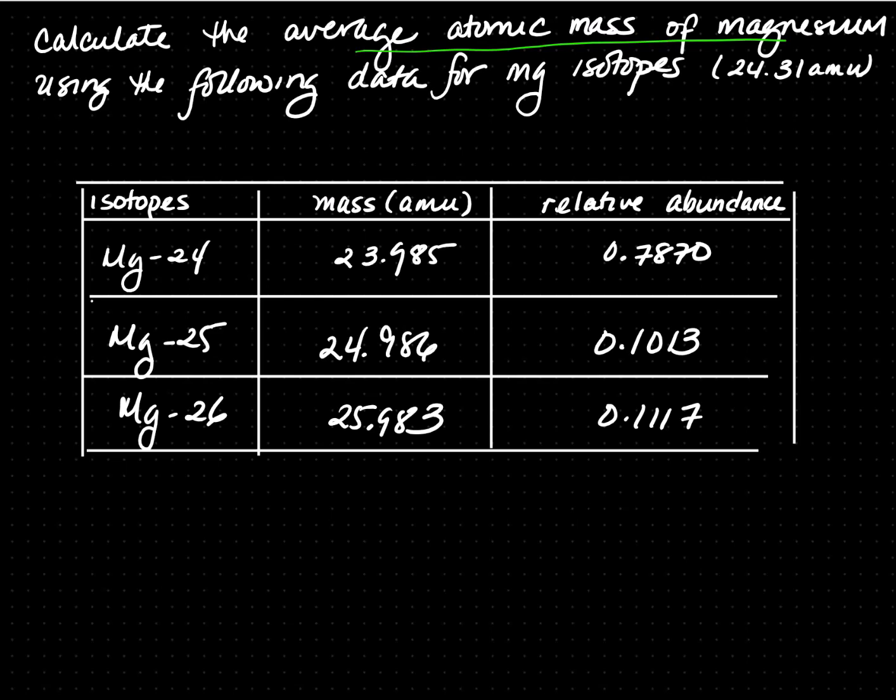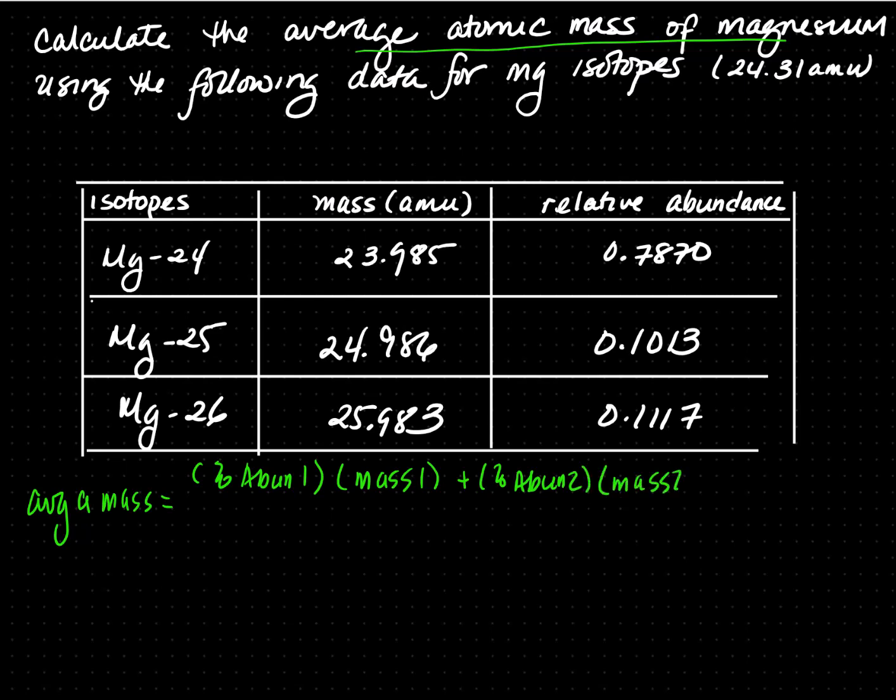There are 3 isotopes, so if I have to write the formula, average atomic mass is equal to percent abundance of isotope 1 times the mass of isotope 1 plus percent abundance of isotope 2 times the mass of isotope 2 plus percent abundance of isotope 3 times the mass of isotope 3, divided by 100.